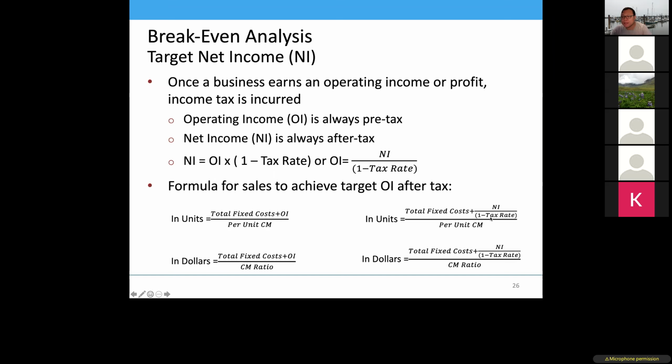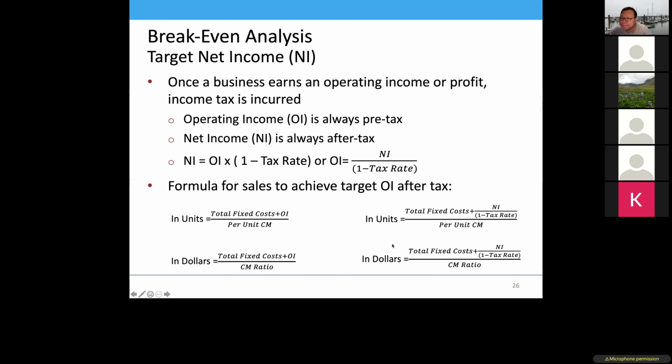Okay, so do we have any question on this? If you were given the net income in the question, that's the formula you are using, right? If you are given the operating income, this is the formula you are using.